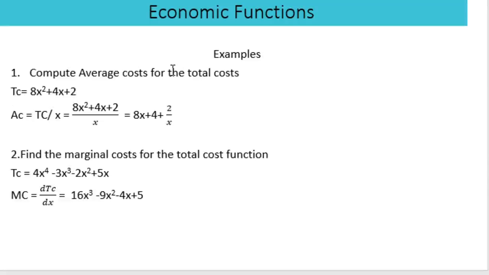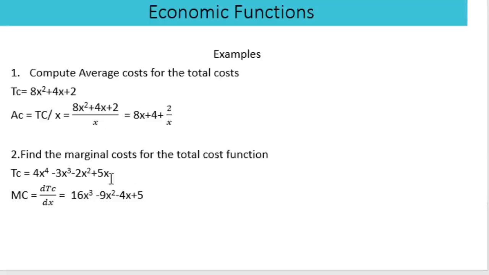Then the average cost, we know, equal to total cost divided by x. That is, 8x square plus 4x plus 2 divided by x. That is, 8x square by x equal to 8x, 4x by x equal to 4, 2 by x equal to 2 by x.